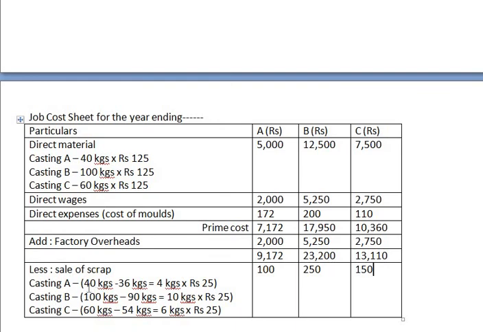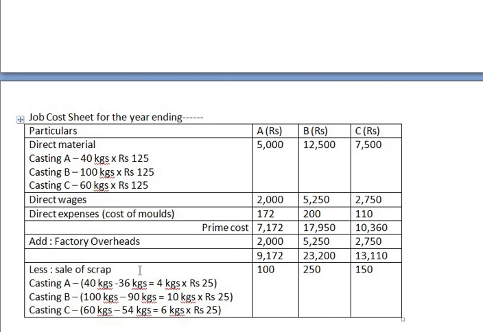If you don't want to calculate this, 10% scrap they have told. So 40 kgs into 10%, you will get 4 kgs. 100 kgs into 10%, you will get 10. 60 kgs into 10%, you will get 6 kgs. Okay, so I have deducted whatever kgs they have introduced minus, after deducting scrap, whatever kgs is left out.